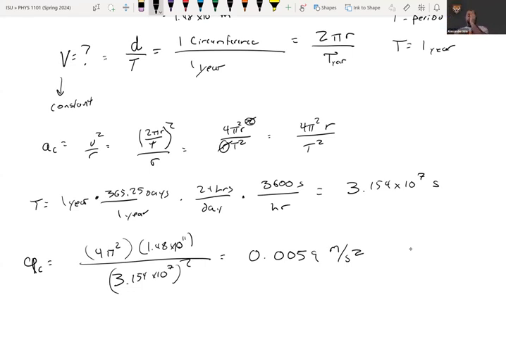So the centripetal acceleration of the Earth relative to the sun is actually quite small. It needs to be quite small, because its orbit is so large relative to its size that its direction doesn't need to change that much.